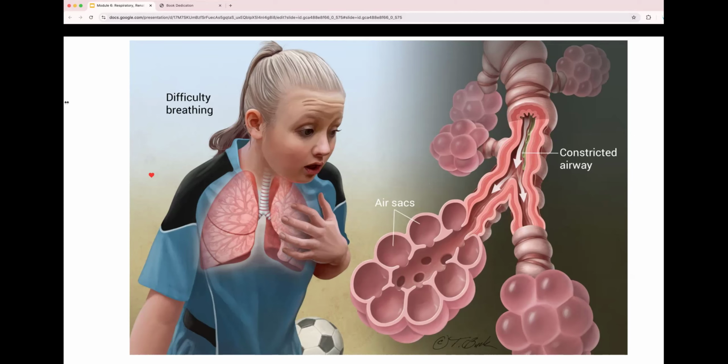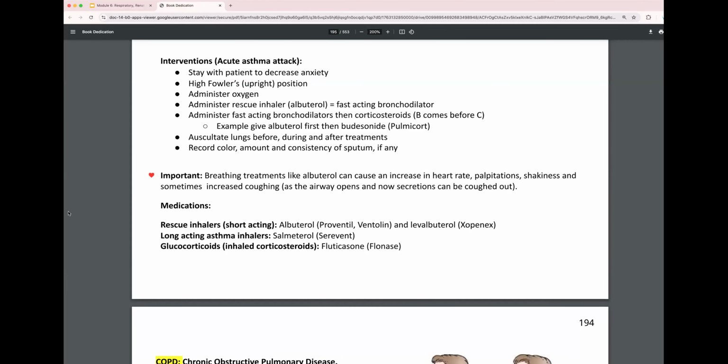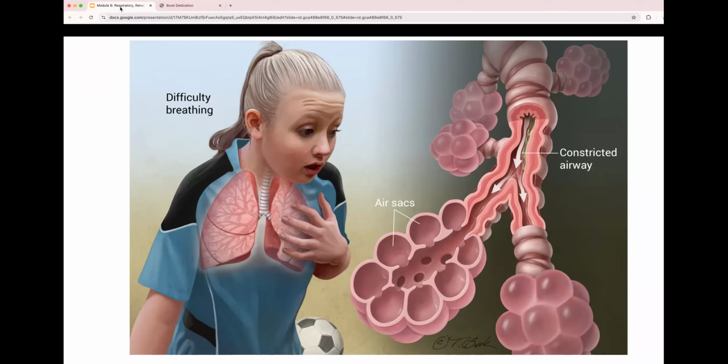You want them in high Fowler's because that promotes proper ventilation, and also because when you give the albuterol, they're going to cough more, so you want them sitting up already. Very important to know for NCLEX.